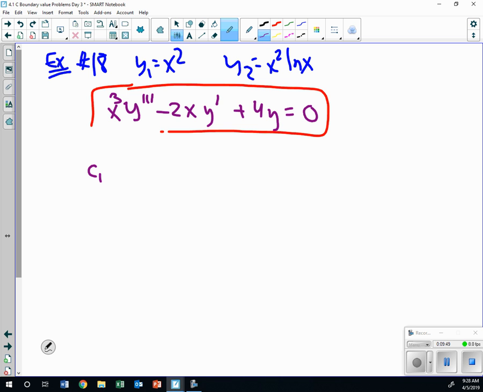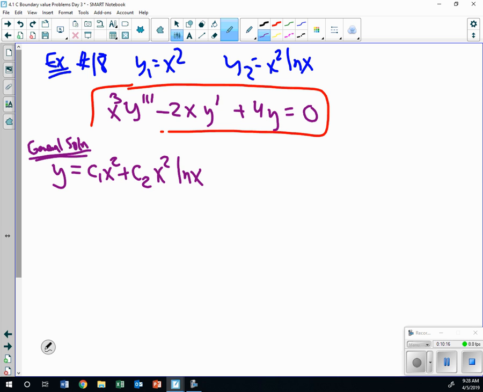It's C1 x squared plus C2 x squared ln x, and that's going to be equal to y. This is my general solution. Is that going to work? Well, if you can show that the individuals both work, then you can show that this works.